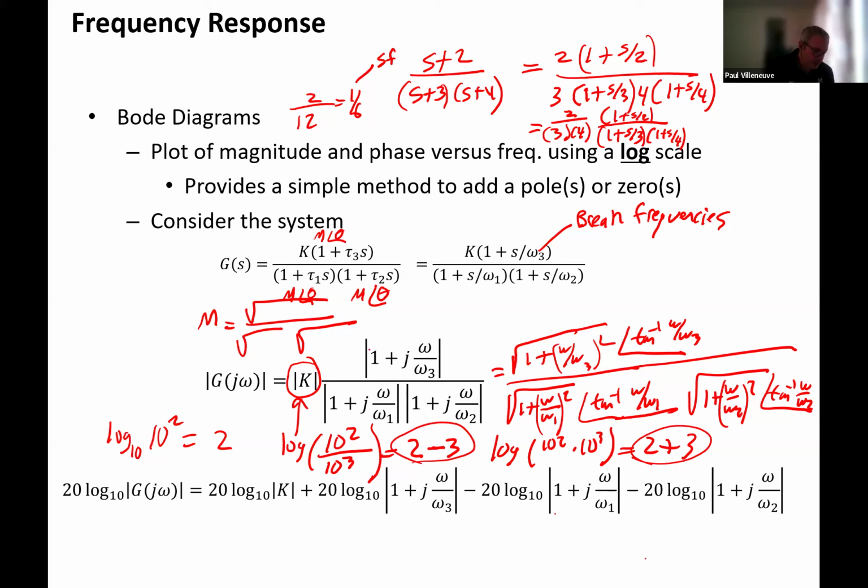So why do we do logarithms here? It's because instead of having to divide or multiply numbers here, we can just add or subtract. So as we add poles and zeros, if we add a zero here, we're going to add that to the logarithm. If we're going to divide by or add a pole in here, then we just need to subtract.